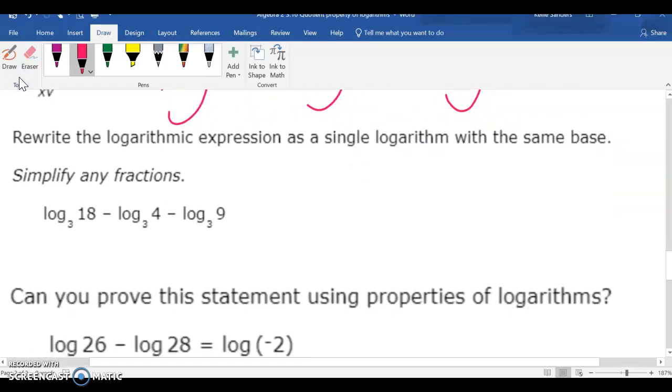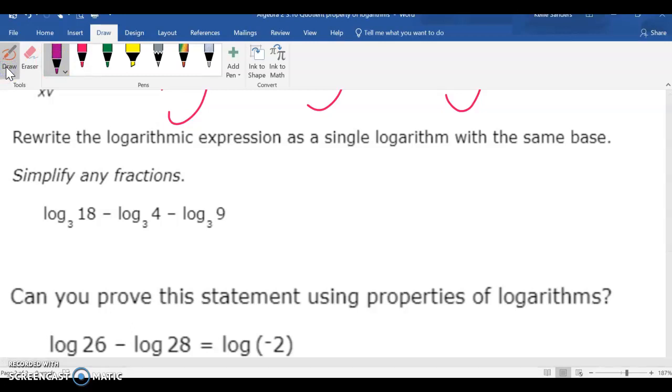Rewrite the logarithm expression as a single logarithm with the same base. So this has a minus sign, so the 4 is going to be on bottom. This has a minus sign, so the 9 is going to be on bottom. So your first step is to do that. 18 is going to be on top, 4 is going to be on bottom, and the 9 is going to be on bottom.